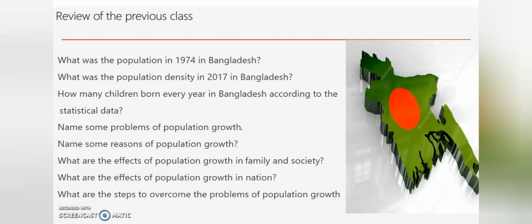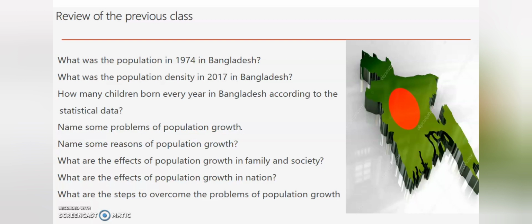Yes, you got the correct answer. The population density in 2017 in Bangladesh was 1103. Now, can you tell me how many children are born every year in Bangladesh according to the statistical data? Yes, according to the statistic report, every year around 25 lakh children are born in Bangladesh.